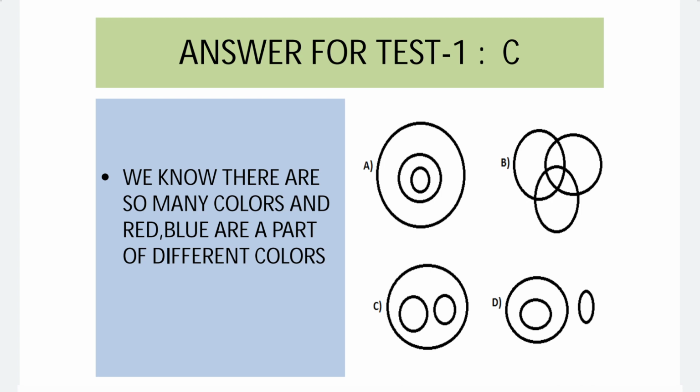As you can see that there is an option which represents color as a big circle and red and blue as sub-circles inscribed in the big circle, namely color. We know that there are so many colors and red and blue are a part of different colors. So the answer is C, which represents color consists of red and blue which are not linked with each other.